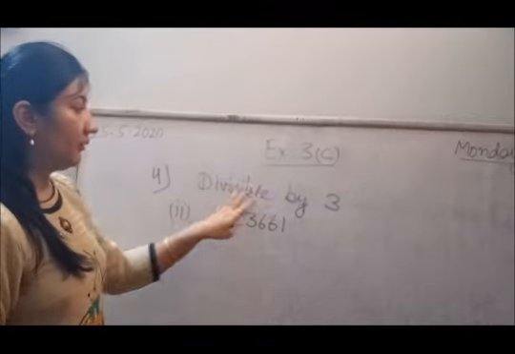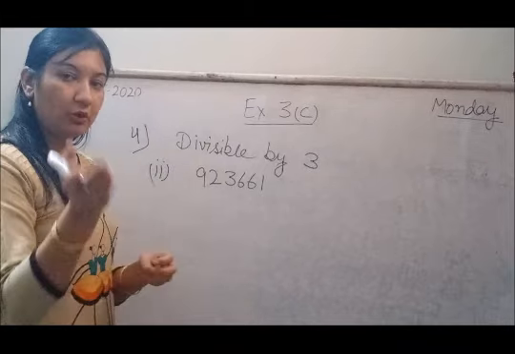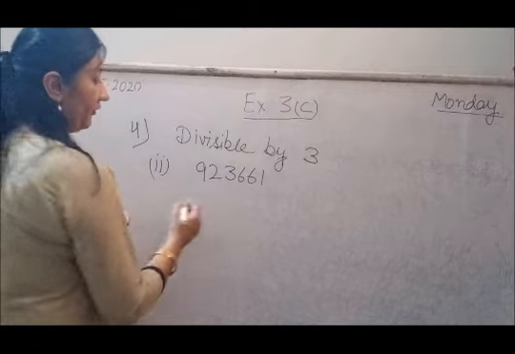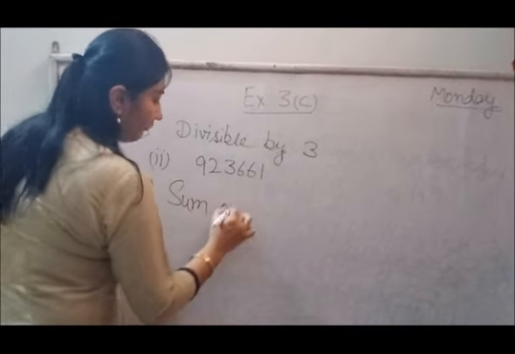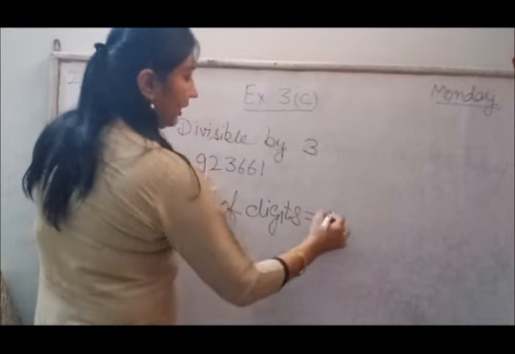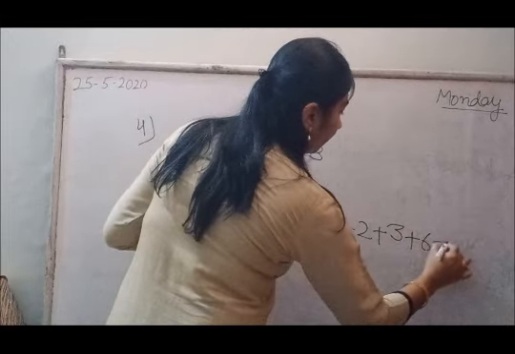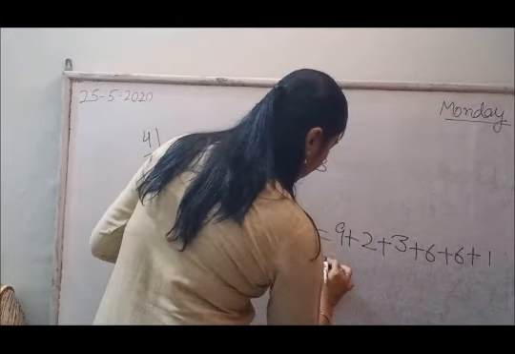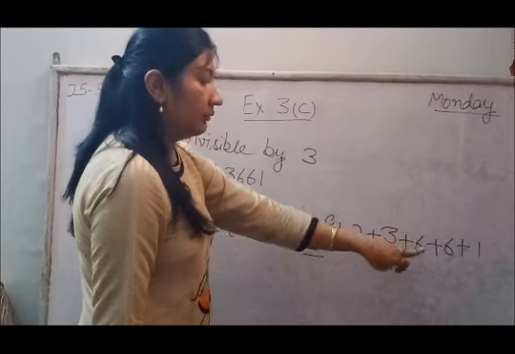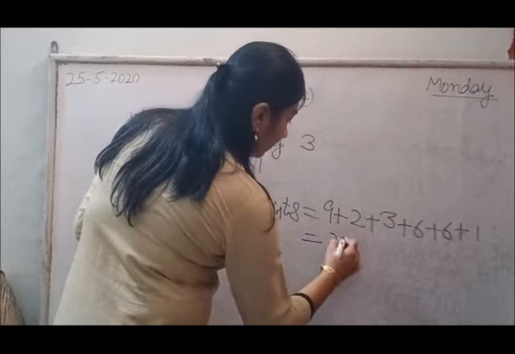Fourth sum, divisibility by 3. We are solving the second part of that sum. Now, what was the rule of divisibility by 3? You have to do the sum of digits. Firstly, we will do the sum of digits of the given number: 9 plus 2 plus 3 plus 6 plus 6 plus 1. 9 plus 2 is 11, plus 3 is 14, plus 6 is 20, plus 6 is 26, plus 1 is 27.